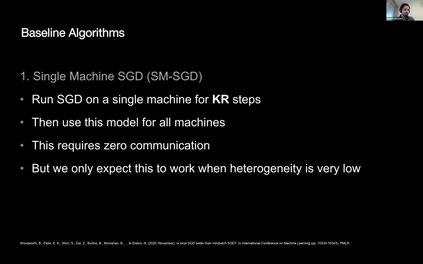Furthermore, maybe you have some constraints on how many times you can sample from each machine. In the intermittent communication setting, you can only get K times R samples. So if you're trying to minimize the variance of your stochastic gradient estimator, this is not the best thing to do. But still, this is one easy extreme baseline, single machine SGD.